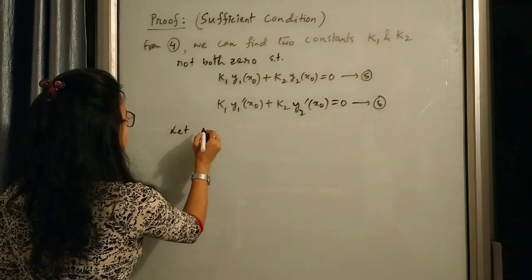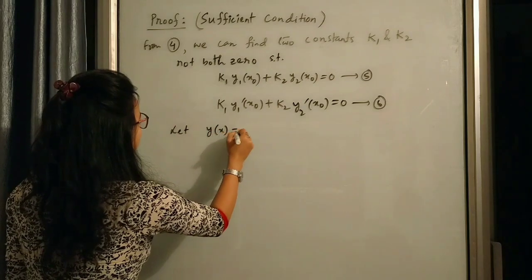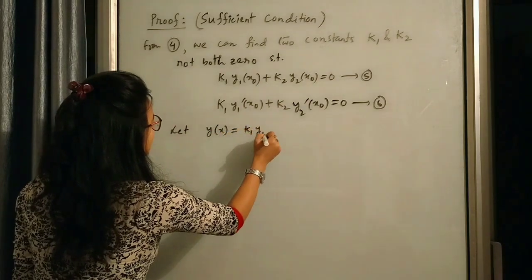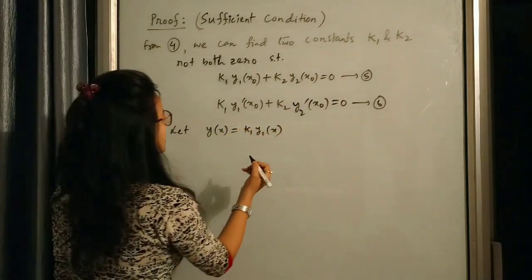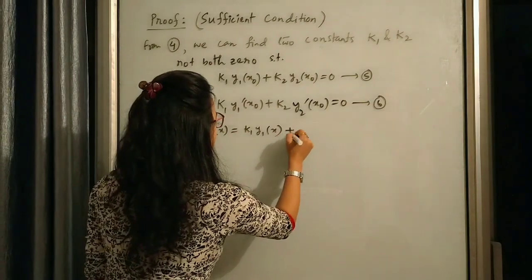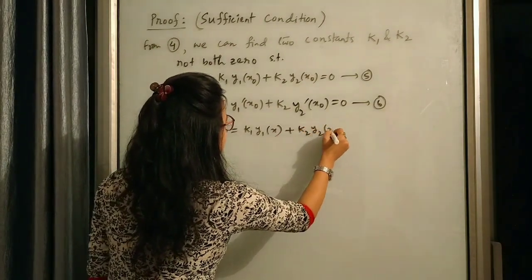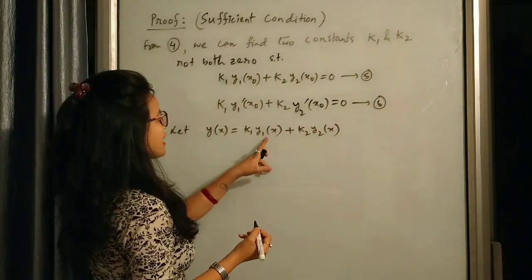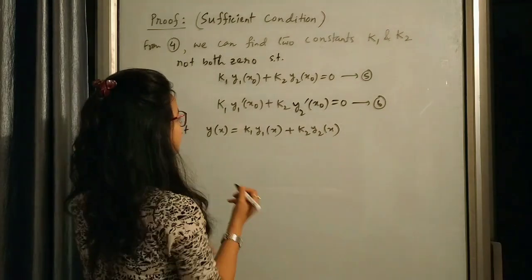Now consider y(x) as the linear combination of the solutions y1(x) and y2(x), as k1 y1(x) plus k2 y2(x).